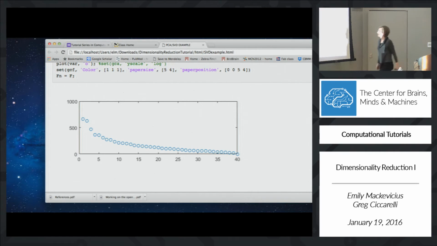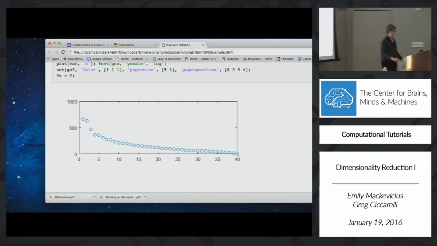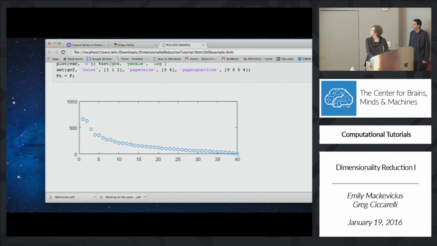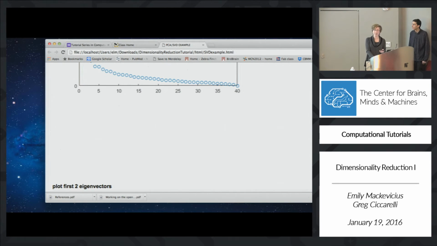You can see that the first few eigenvalues are higher compared to the rest of them. That's motivation for saying much of the variance of your data is explained just by these first two eigenvectors. So what does the data look like projected into these first two eigenvectors?